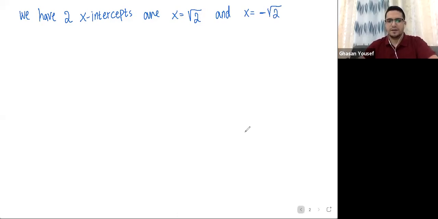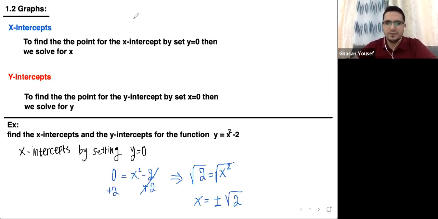We got two points of x-intercept. The first one is the positive square root of 2, and the second one is the minus square root of 2.